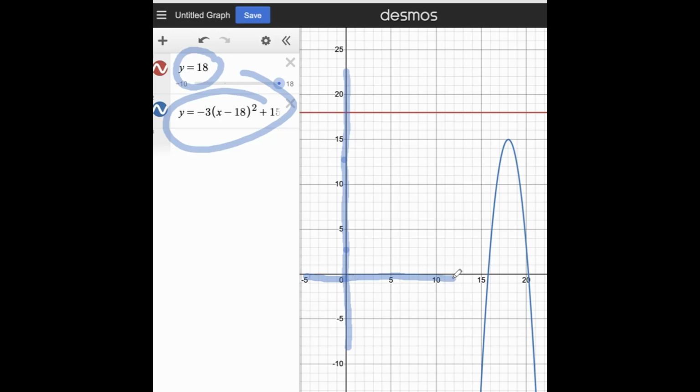One of the advantages of Desmos is that you can zoom in and out really well. On a graphing calculator, it would take a lot longer to get it to exactly this scale. You've got the horizontal line right here, and then you've got the parabola right here, and you can see that they simply don't intersect.